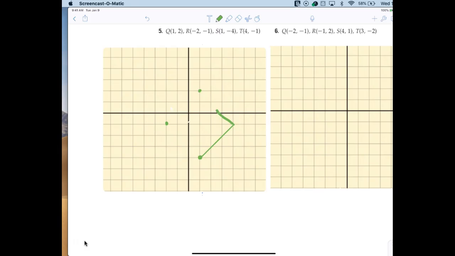This looks like a what? Now we know it has to be at least a what?